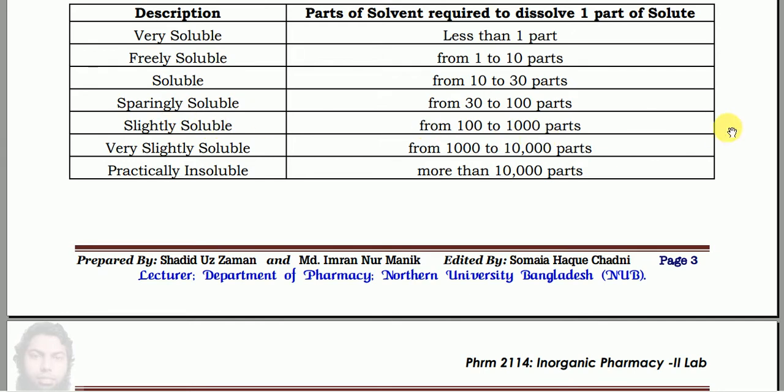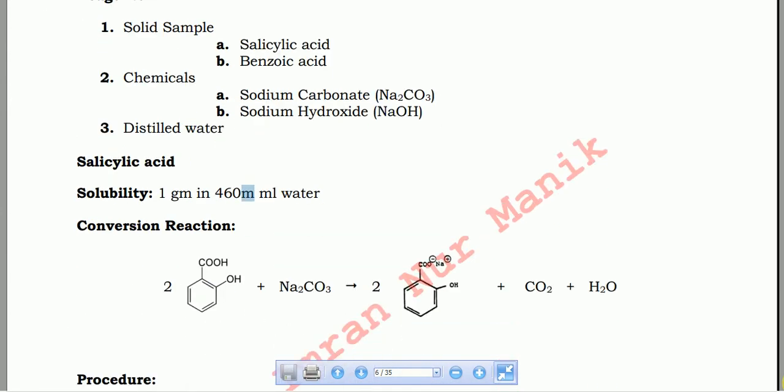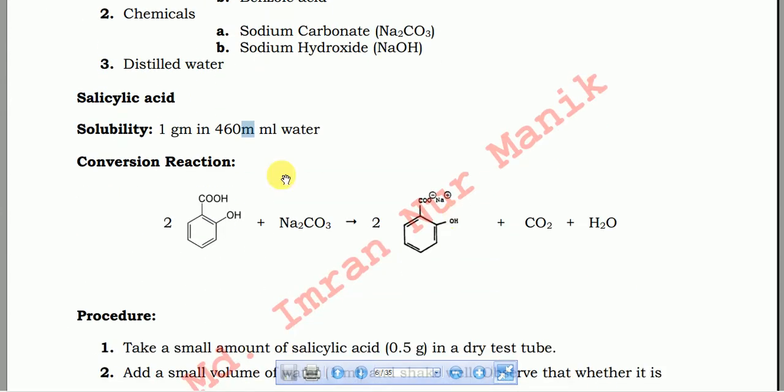So if we administer salicylic acid in this pure form, it will not be solubilized in the stomach. Salicylic acid will reduce our pain, but 1 gram will require 460 ml of water, and our stomach does not contain that much water.